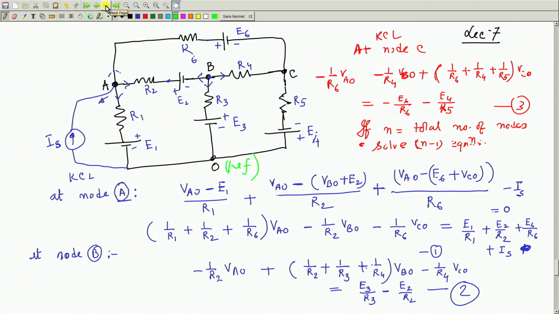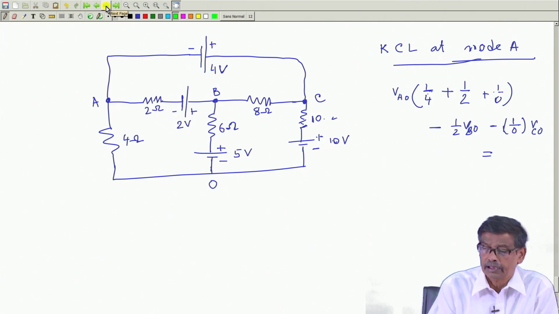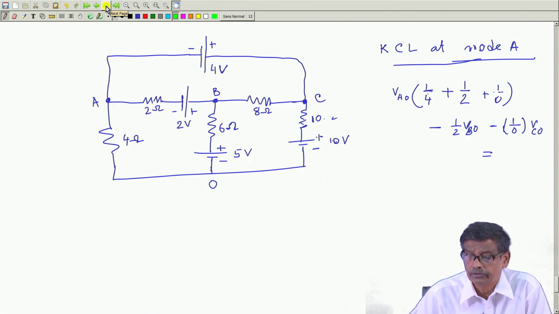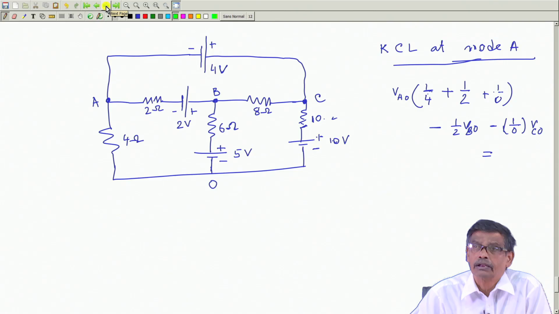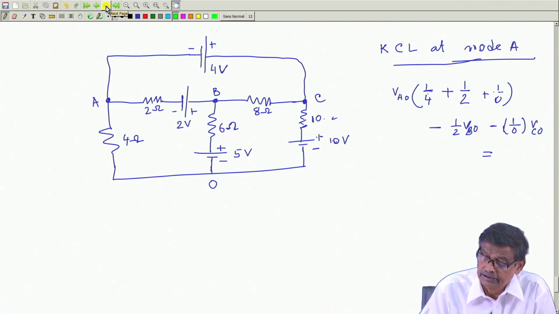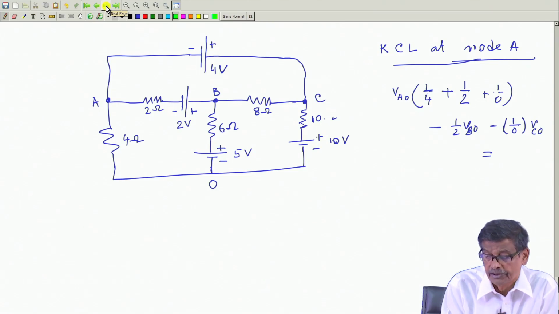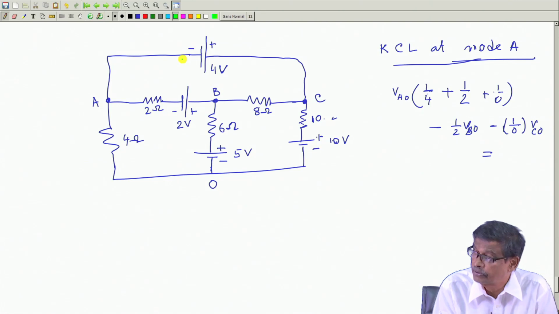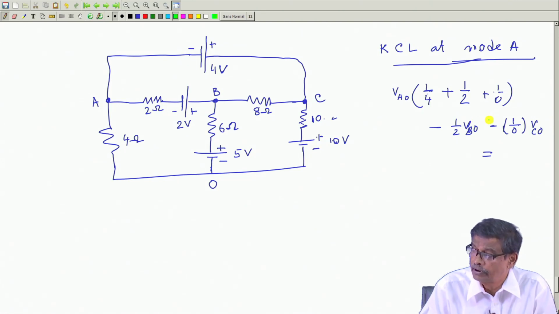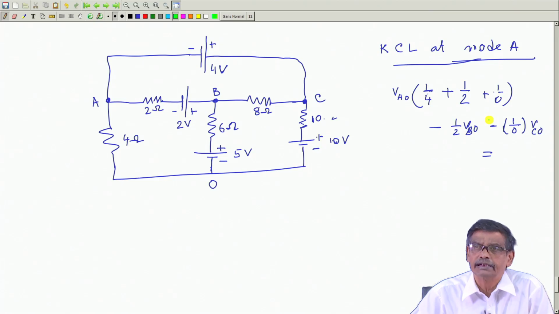And then I took a situation like this, and I decided to solve it by the nodal method. Once again here I follow the rules we have learned: the coefficient of VA0 will be 1 by 4 plus 1 by 2, no resistance here, plus 1 by 0, and the moment 1 by 0 comes in, we are at a loss because it is infinite.